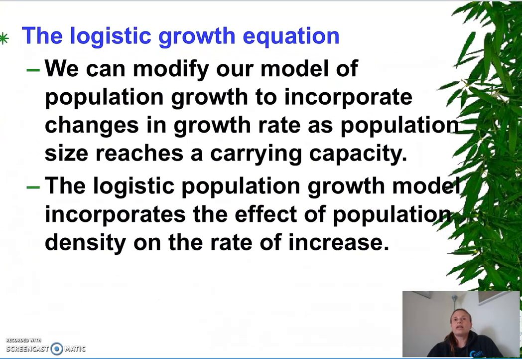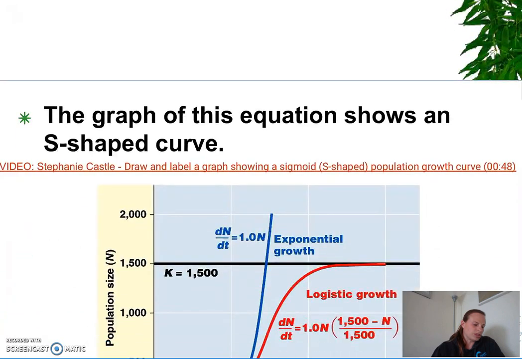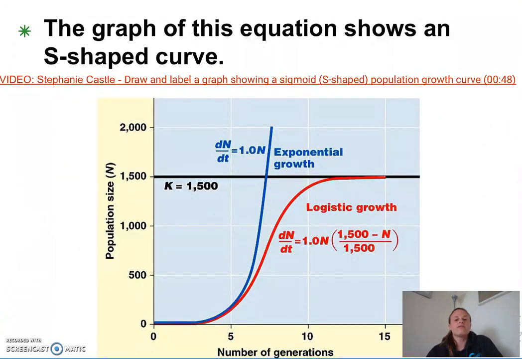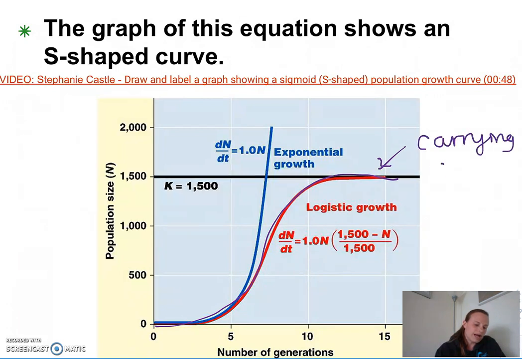The researchers actually developed an equation that accounts for this carrying capacity, and it's called the logistic growth equation, where the graph of the logistic growth equation looks more like an S, where you've got this plateau that occurs at the carrying capacity, the max amount of individuals or organisms that can be supported by that environment.